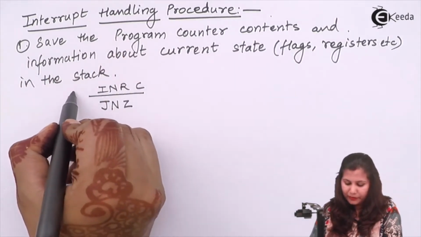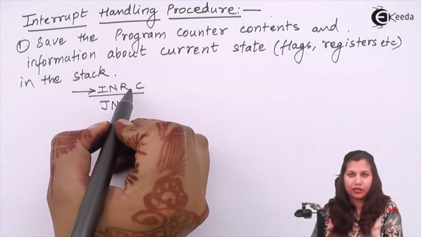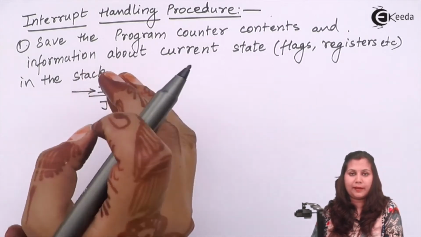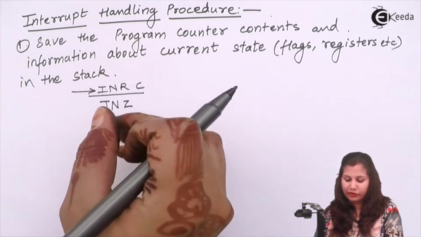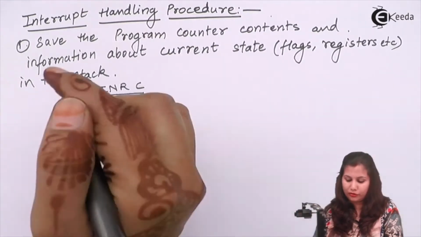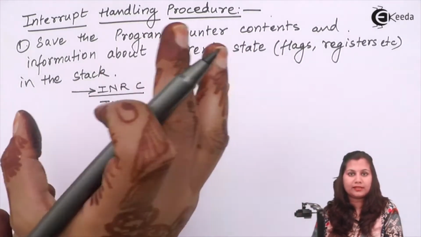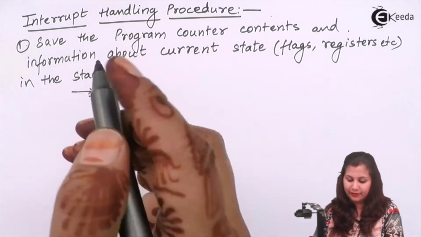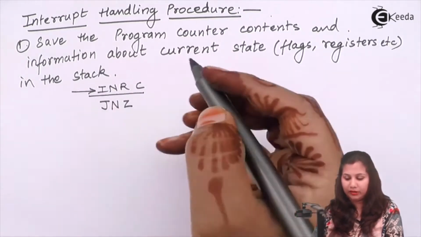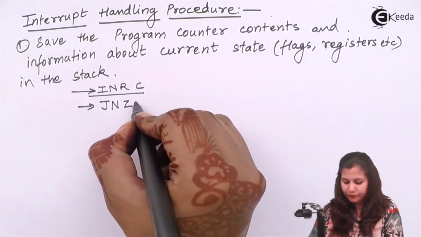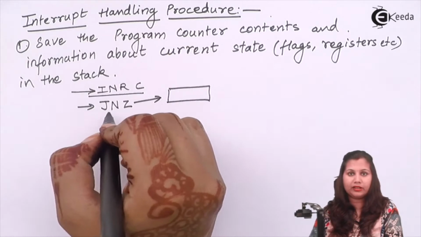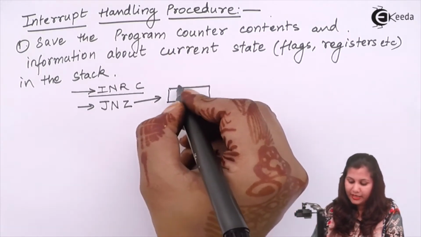When the microprocessor is executing an instruction, the first step is to fetch the opcode, then decode that instruction and then execute it. While this procedure is followed, the address of the next instruction is stored in the program counter.